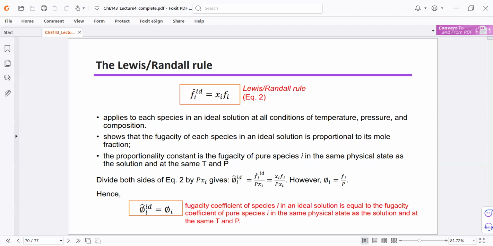Therefore, the fugacity coefficient in an ideal solution, or phi hat, is just equal to its fugacity coefficient as a pure species i in the same physical state as the solution at the same temperature and pressure. Okay, so by derivation we have shown that these two quantities are just equal.